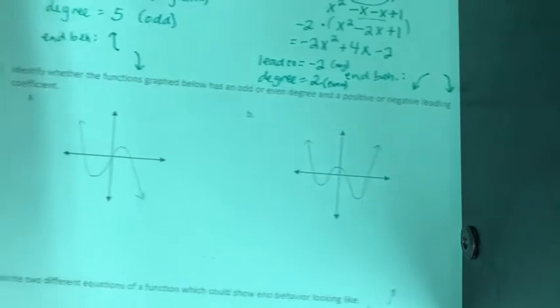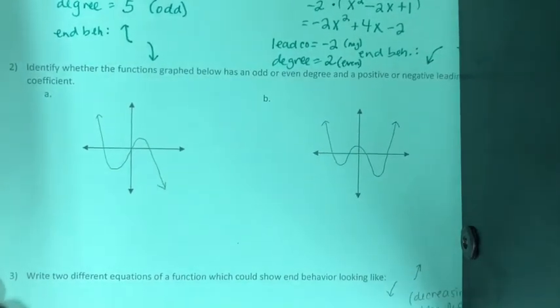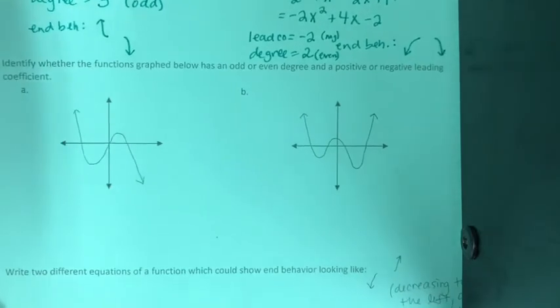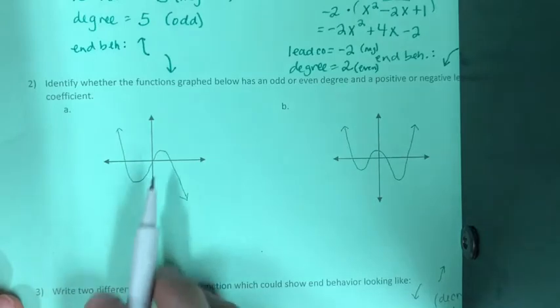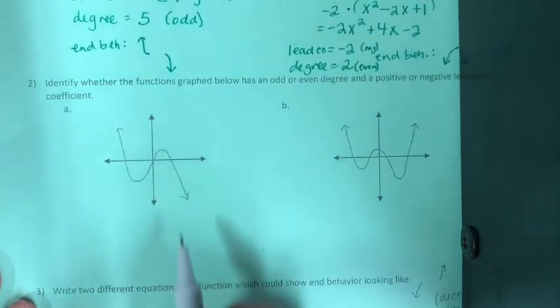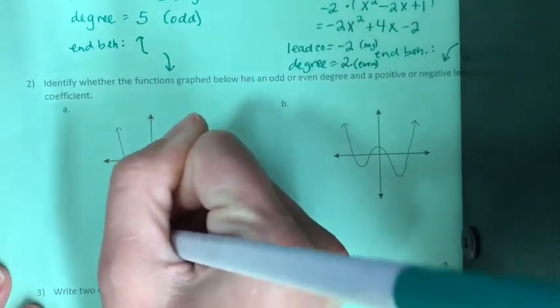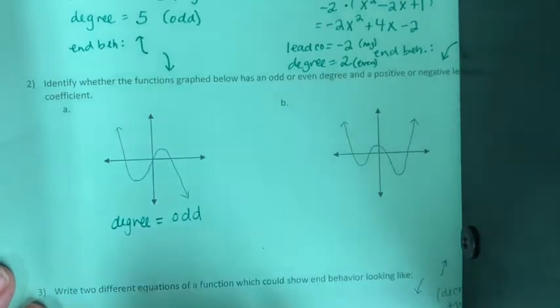And let's take a look at number 2. So identify whether the graph below is odd or even degree and positive or negative leading coefficient. So first, I'm just going to look at my graph, and this kind of looks like a cubic. I know they're going in opposite directions, so that tells me that my degree is odd because they're in opposite directions.